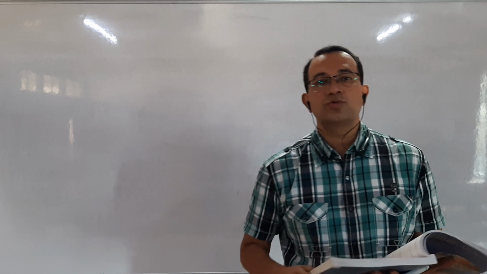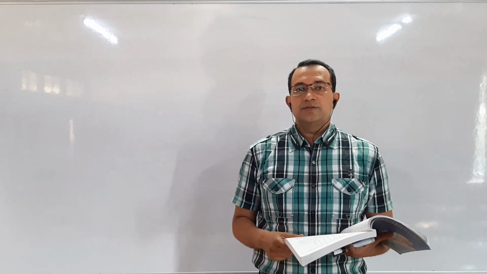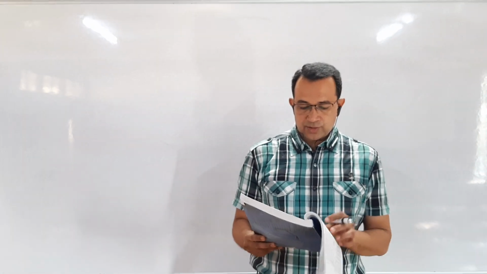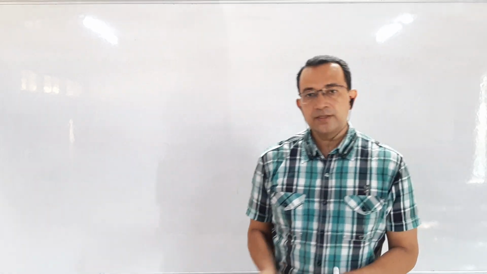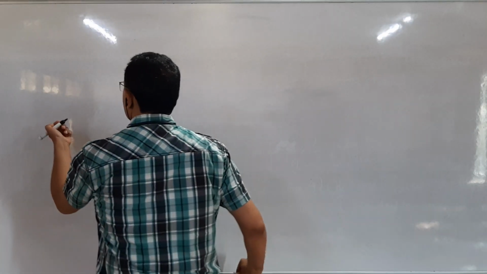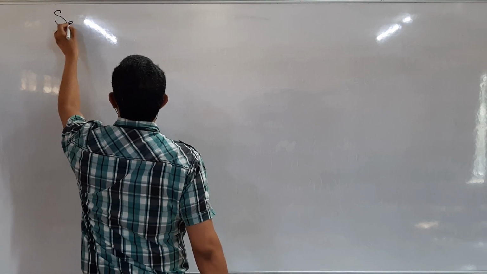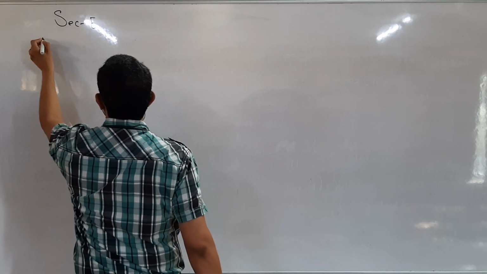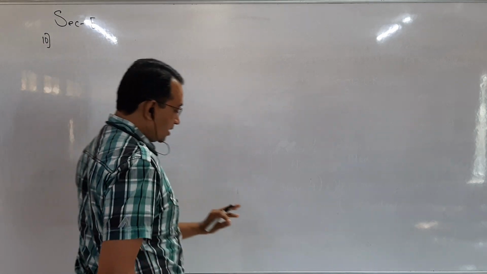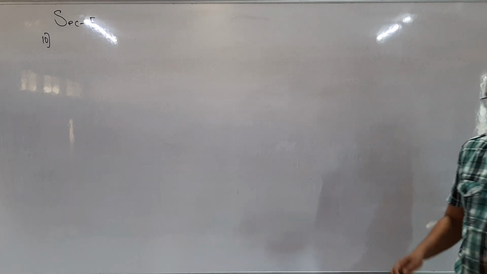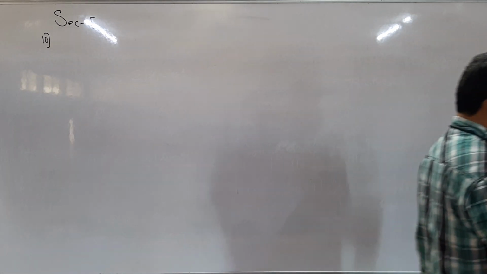Today, we are going to complete all the sums of tabulation. So, section E, I am doing sum number 10. Now, the sum is given as a table, and based on that table, we have to answer the questions which are given.